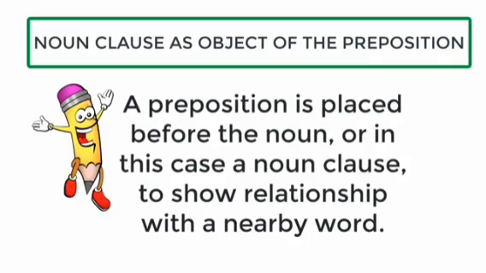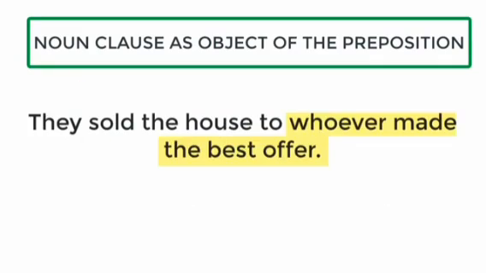Okay, another one, object of the preposition. A noun clause as an object of a preposition. So a preposition is placed there. They sold the house to whoever made the best offer. Whoever made the best offer is the object, because to there is a preposition.